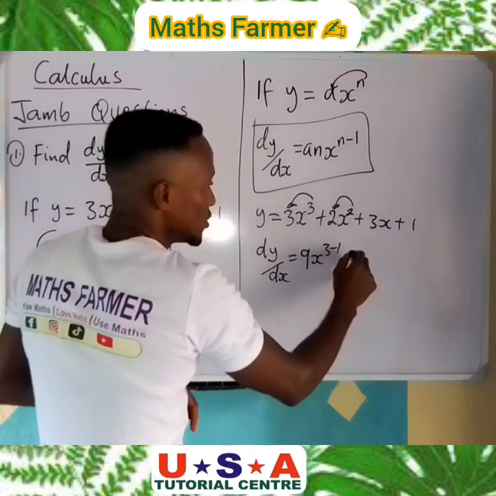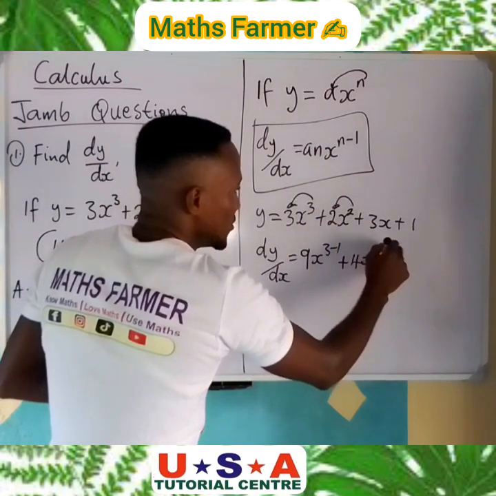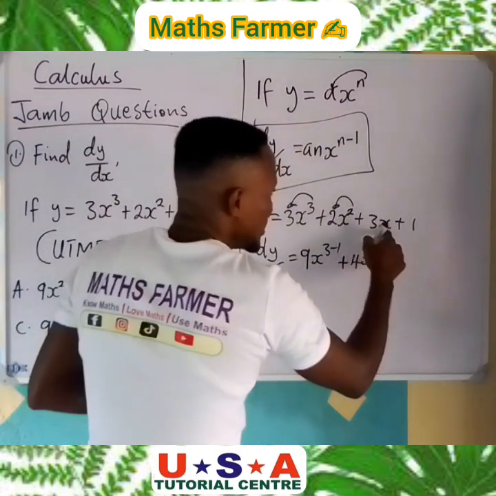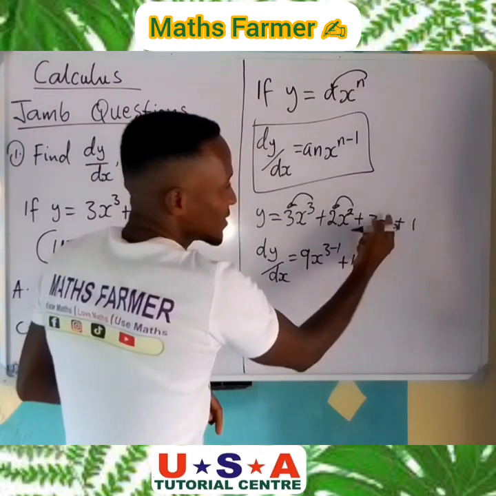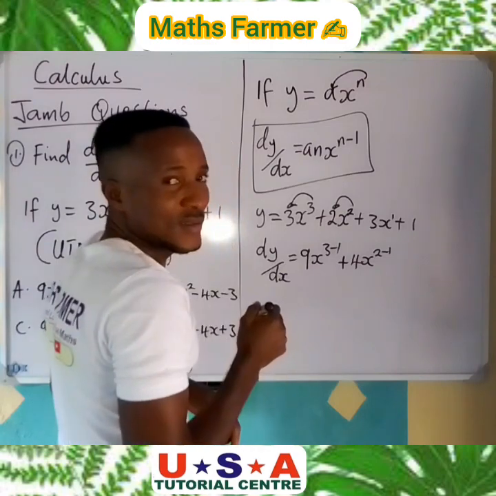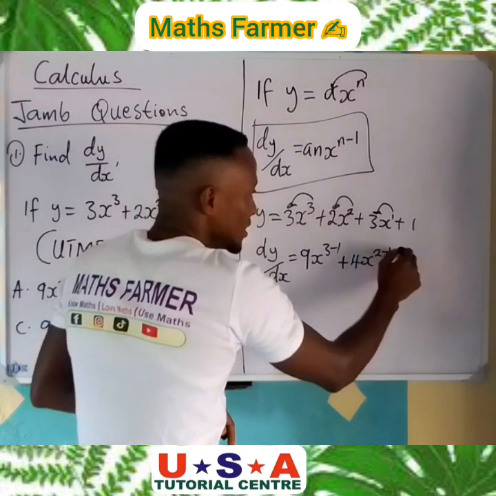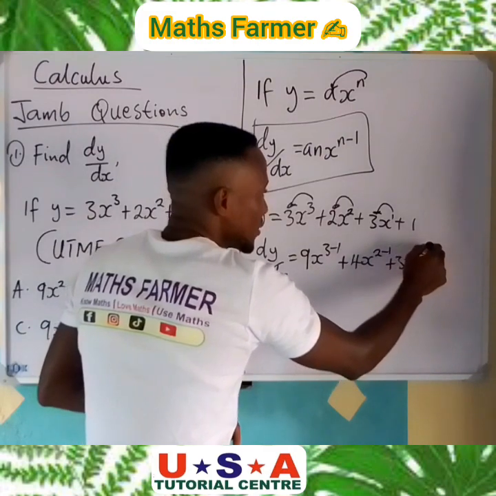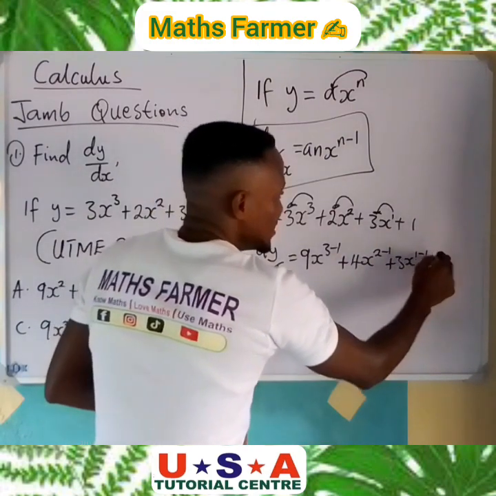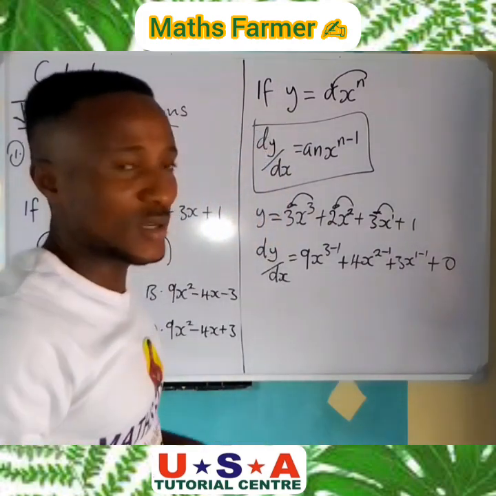That is 2 times 2 is going to give us 4x raised to the power of 2 minus 1. Coming to here, what do you think is the power of x here? It's 1. So now that 1 times 3 is going to give us 3x raised to the power of 1 minus 1. Then, whenever you see a constant term, differentiating a constant term gives 0.